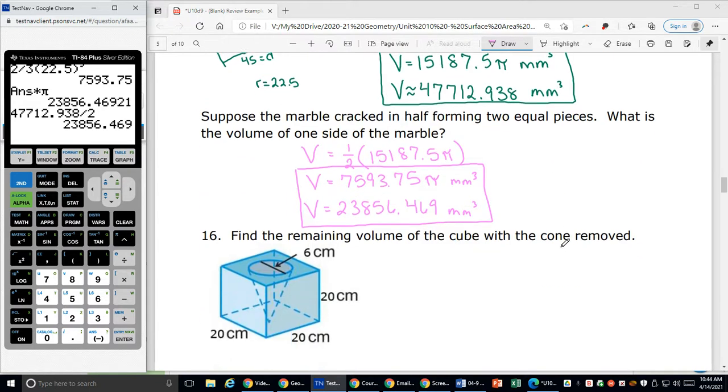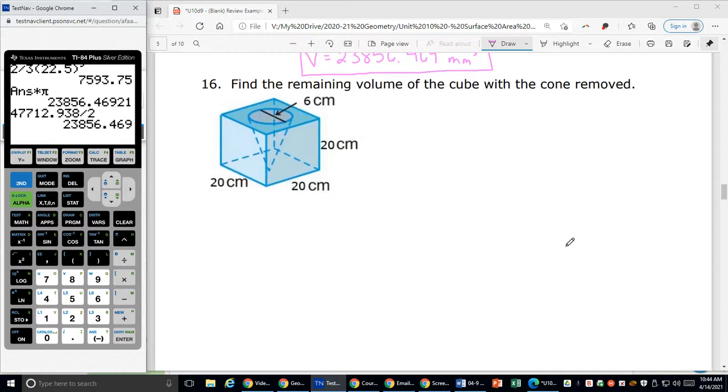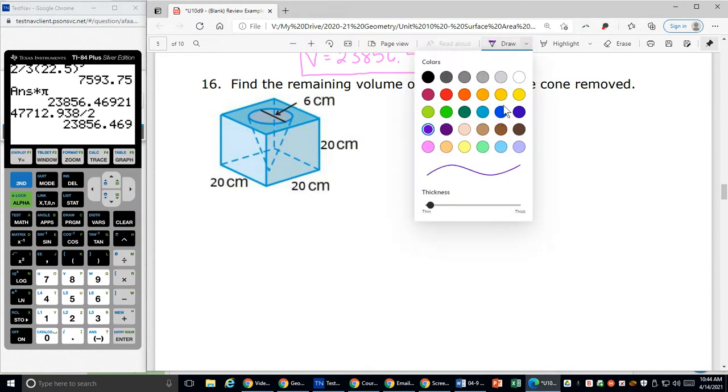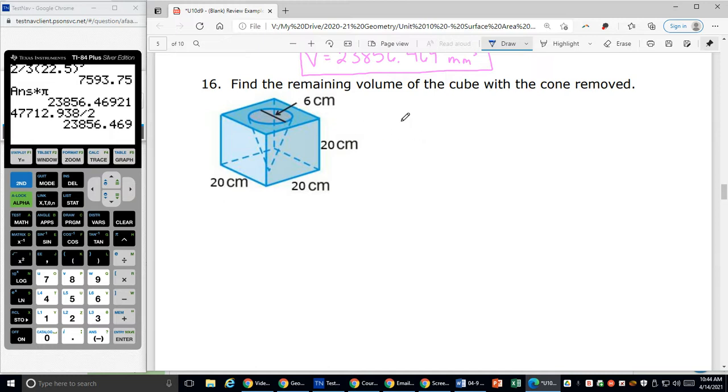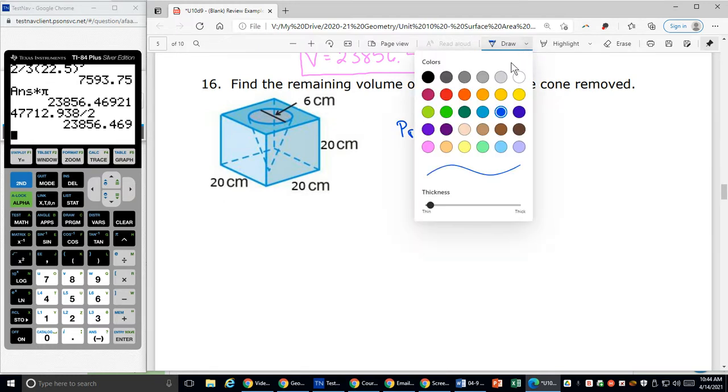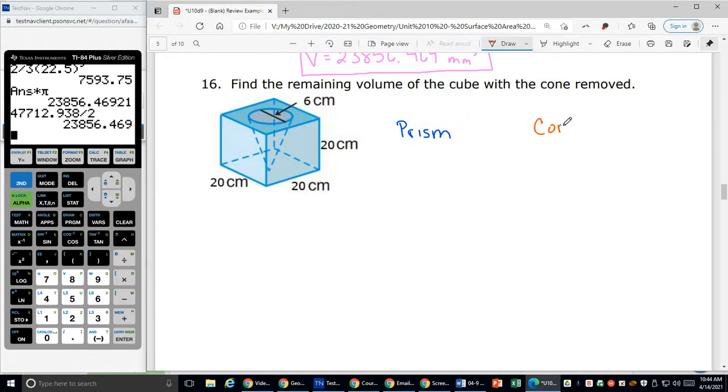All right, we have one more left. We want to find the remaining volume of the cube with the cone removed. So that means on this one, I'm going to be looking at the cube, which is a prism, and then I'm going to be looking at the cone. Okay, and we're looking at volume.